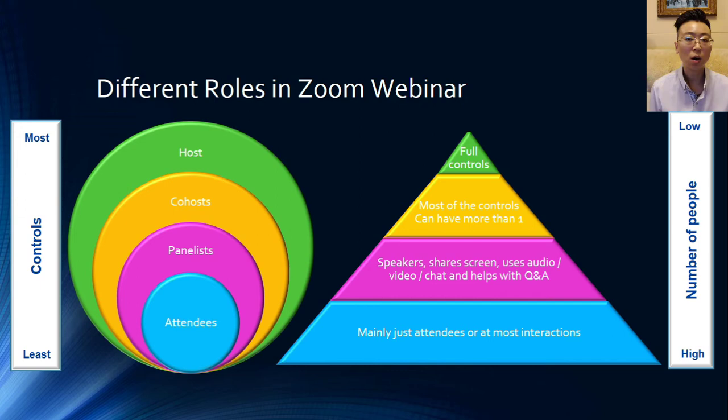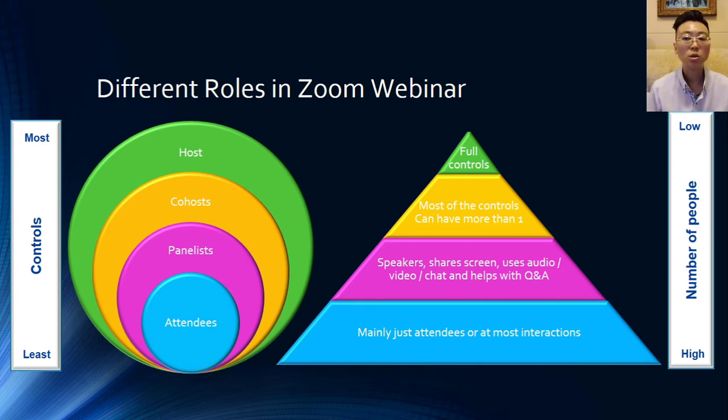And then there are the panelists. The panelists are people who would be the speakers. They would be the supporters of the webinar. They would be sharing screens, using or controlling the audio and videos.